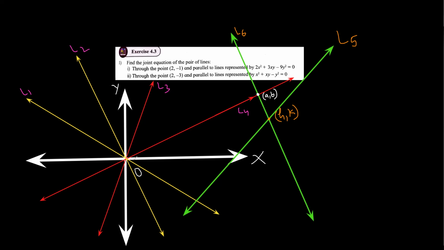You might say, sir, but L4 is passing through the origin. That's okay. L4 is passing through the origin, but L6 is not.